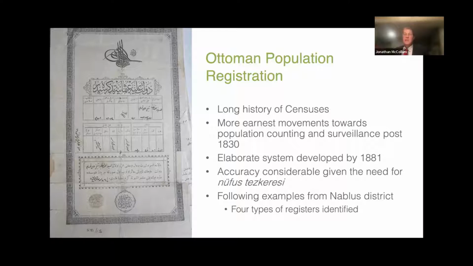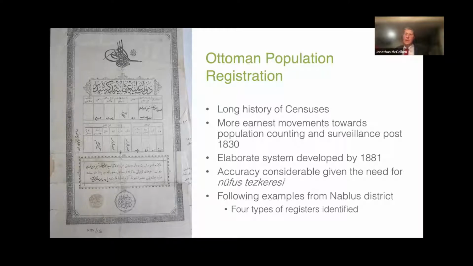And this is an attempt by the state to basically catch up to the Europeans, to be able to field as many soldiers as the Europeans on the battlefield, and collect enough taxes to prevent European incursions into their territory.